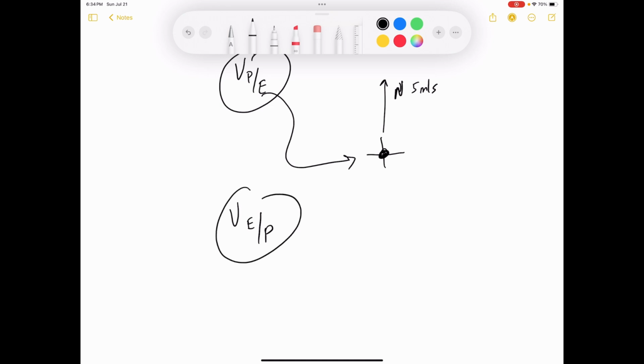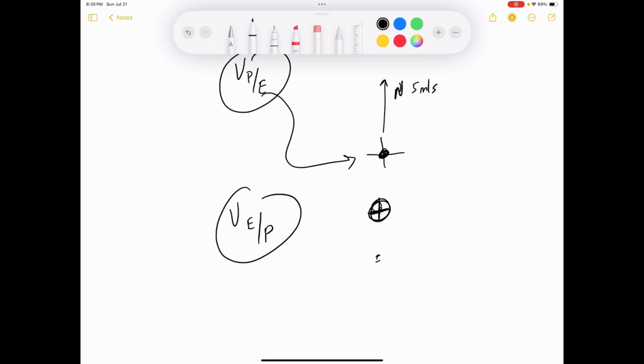So how do you flip this relationship? So now imagine this is the Earth right here, and this is the person. Now the person becomes the origin.